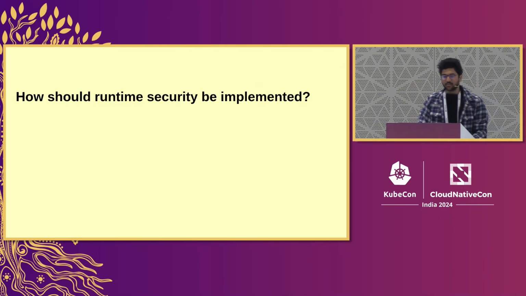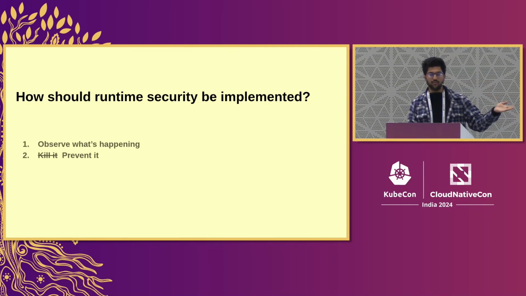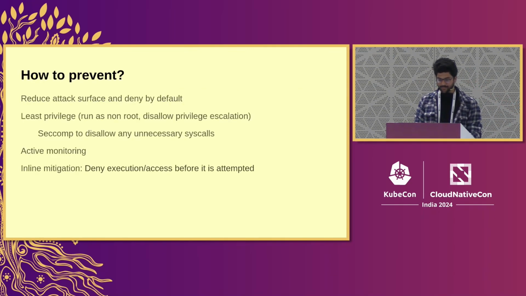So now the question comes: how should we implement runtime security if observing and killing is not good? Then what should we do? Observing is good, but instead of killing, we should prevent what we allow to happen. And how can we prevent it? The first thing I will recommend is reducing the attack surface and denying everything by default.